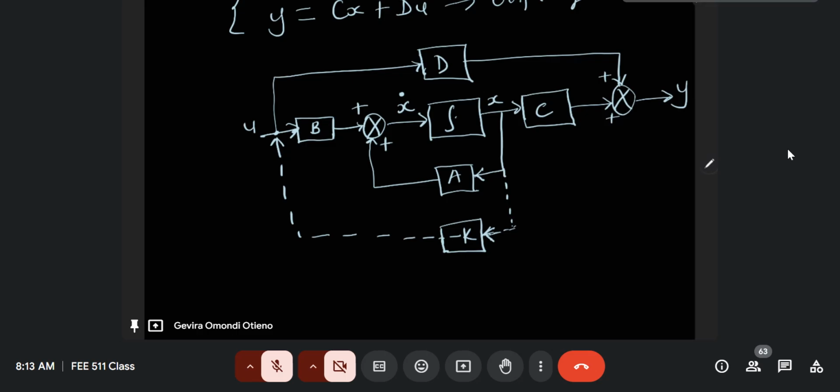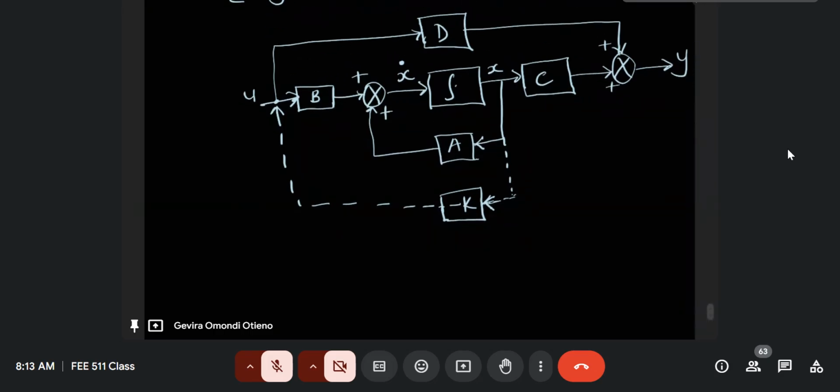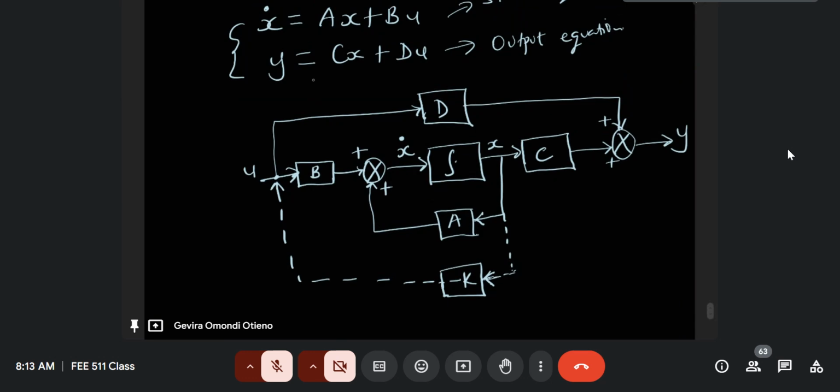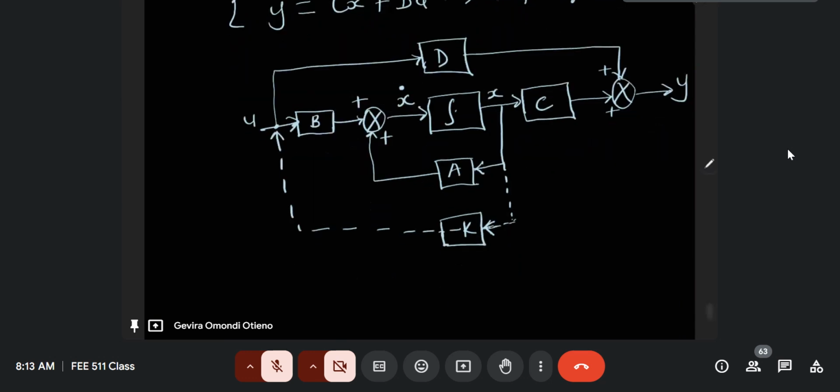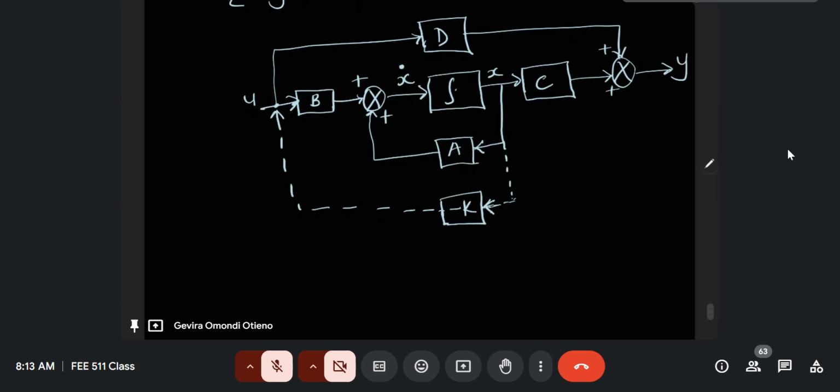So if you look at the dotted part of the diagram, you can see that we can draw another equation. Aside from what we already have as the state space representation, we can also have another equation here, which is clearly u equals minus kx.